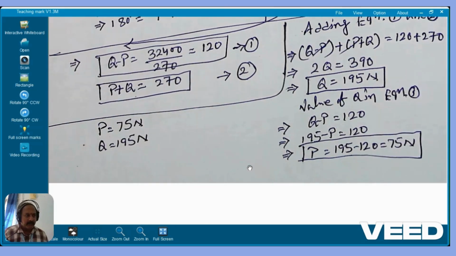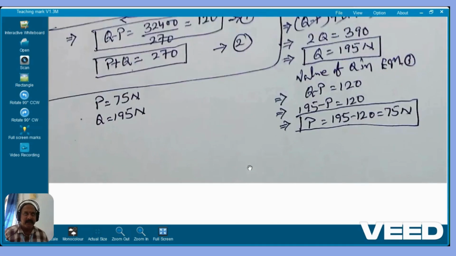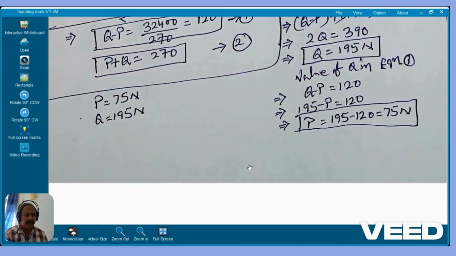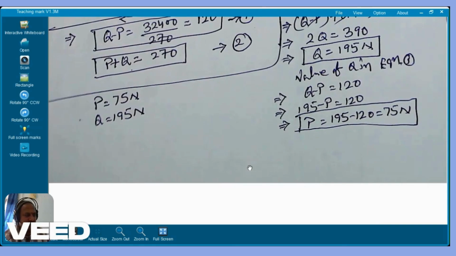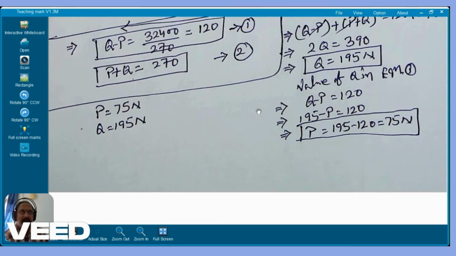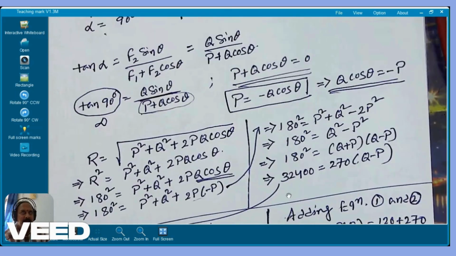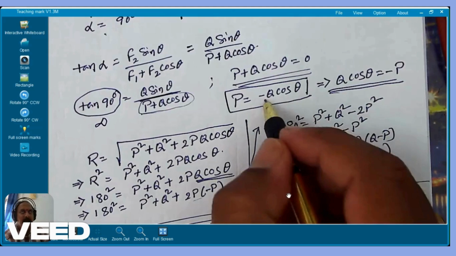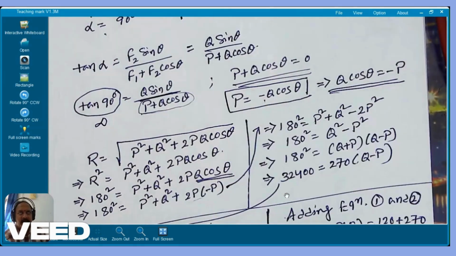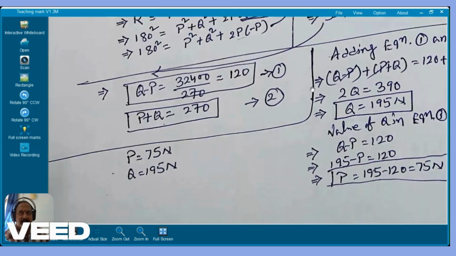But the question is, we have to find the magnitude of each force as well as the angle between them. To find the angle between them, you already have the equation here. What was the equation? P is equal to minus Q cos theta. With the help of that equation, you can find it out.